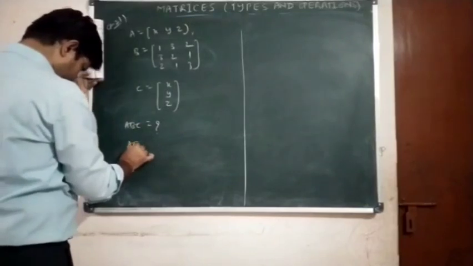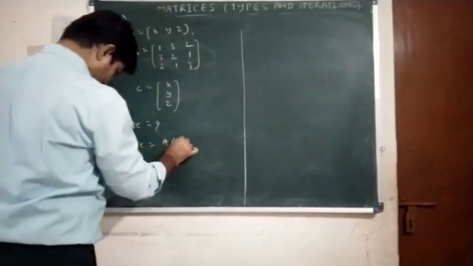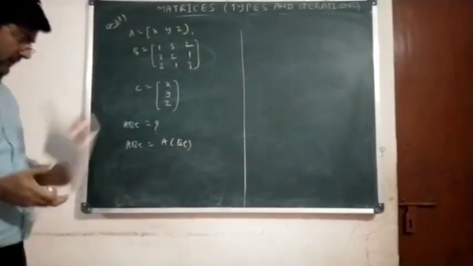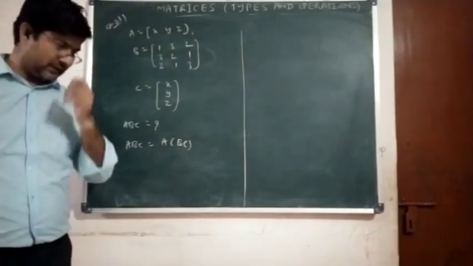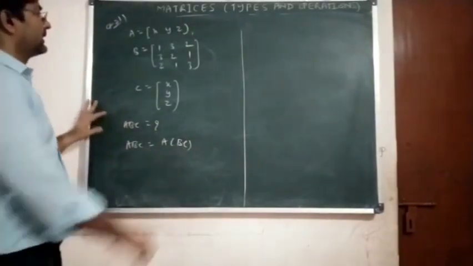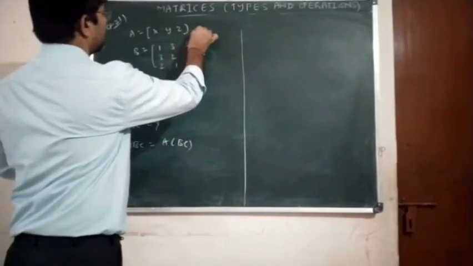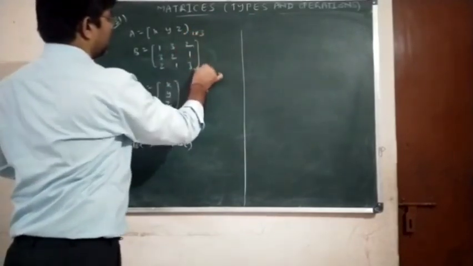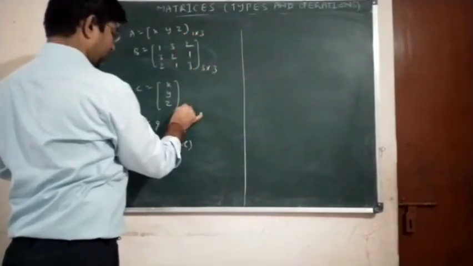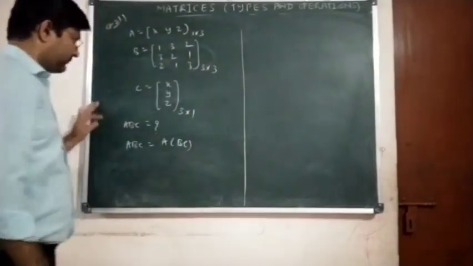Now in order to find ABC, we will multiply in this order, A into BC, provided that BC exists. Let us write down the order. This is of the order 1 into 3, 3 by 3, and this is 3 by 1.